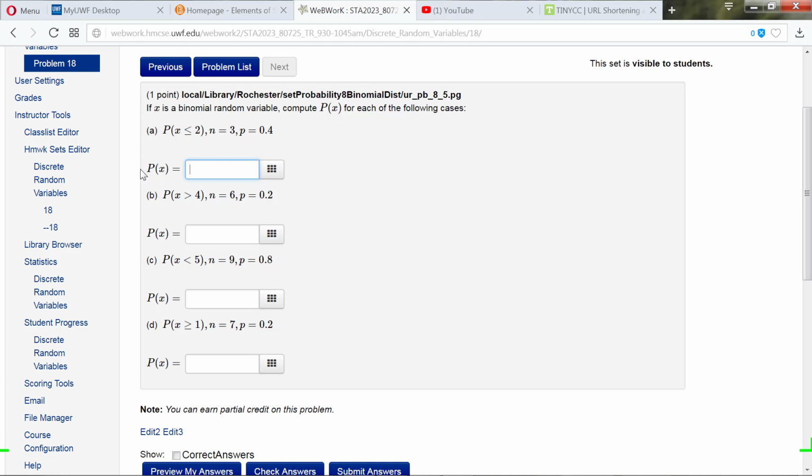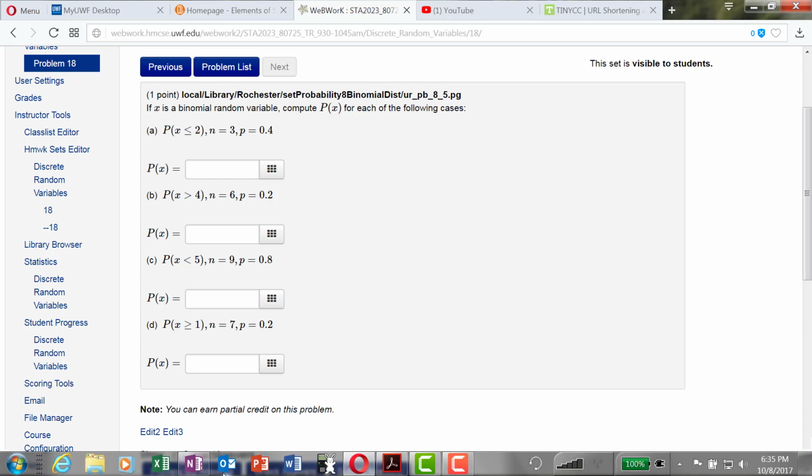We're starting from scratch. It says, if x is a binomial random variable, compute the probability of x for each of the following cases. Part A: what's the probability that x is less than or equal to 2, given that n is equal to 3 and p is equal to 0.4? So the two fastest ways of solving this are, let's bring up my notebook paper here.